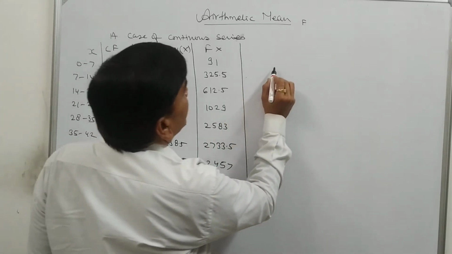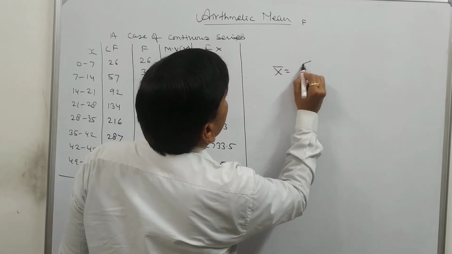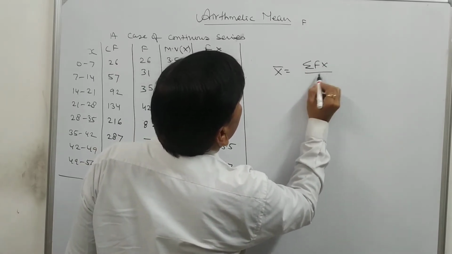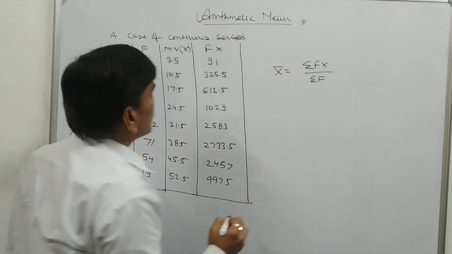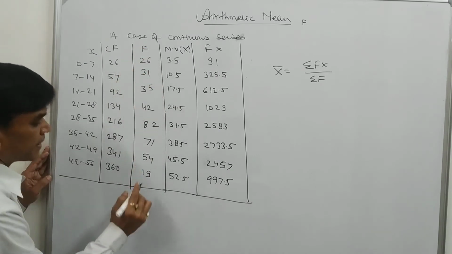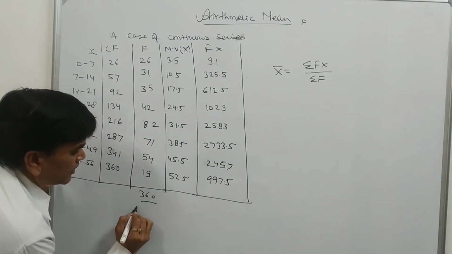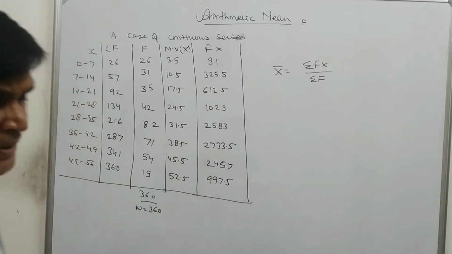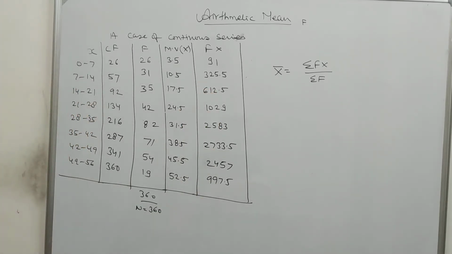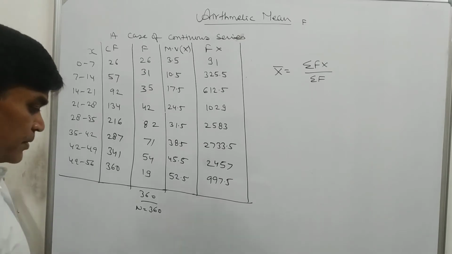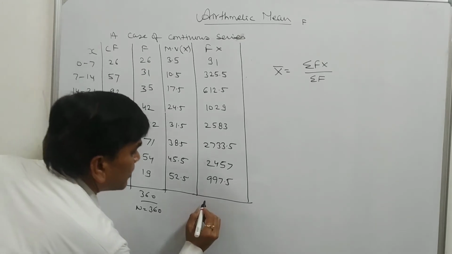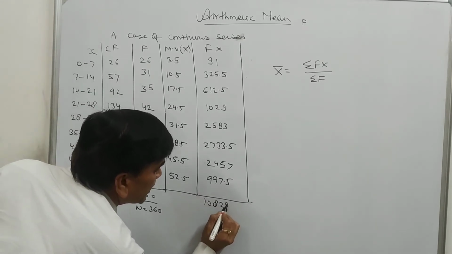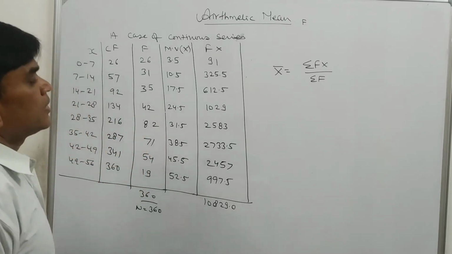For calculating arithmetic mean, the formula is sigma fx divided by sigma f. The addition of sigma f, that is 360, so N is equal to 360. The addition of the whole item of fx, sigma fx, is equal to 10829.0.